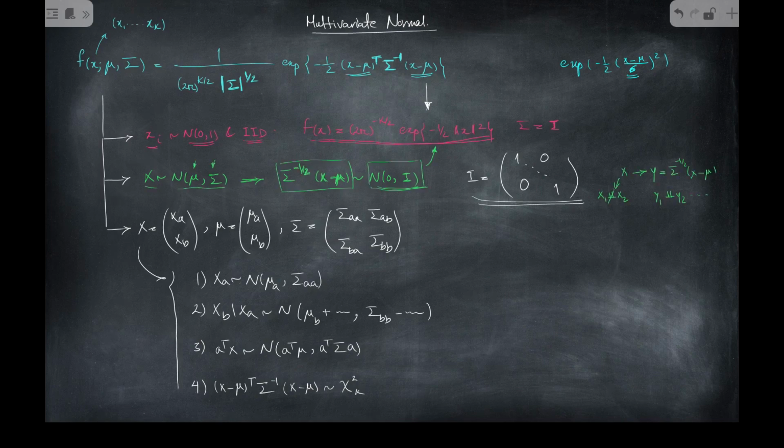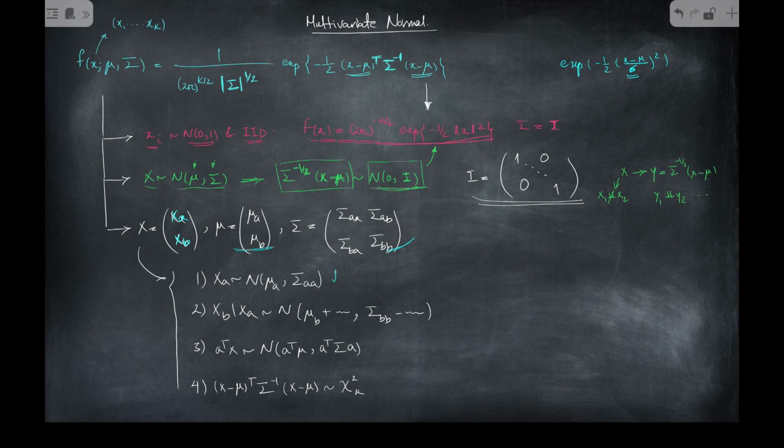Finally, if you divide x into 2 components, XA and XB, so basically 2 blocks for this random variable, and use the same index to divide mu into 2 blocks, and also the covariance matrix into 4 blocks, you have these facts about each block.